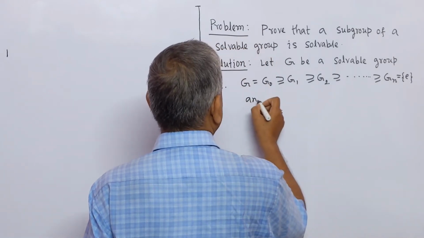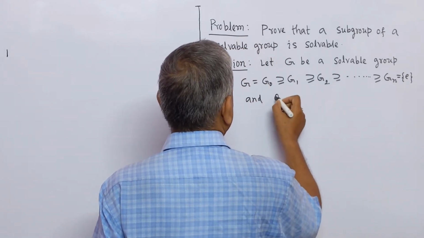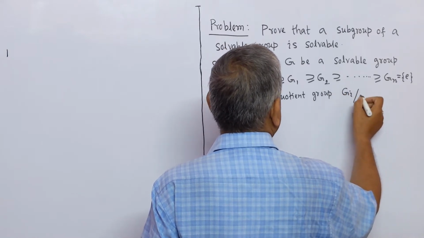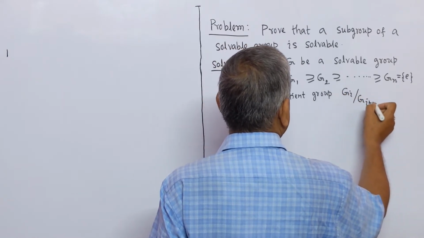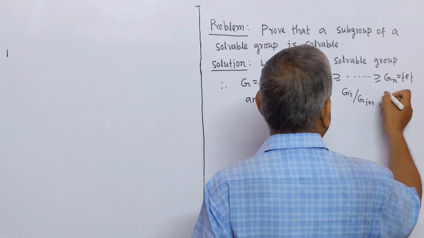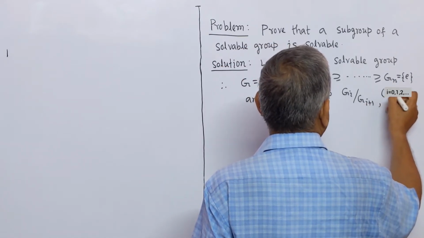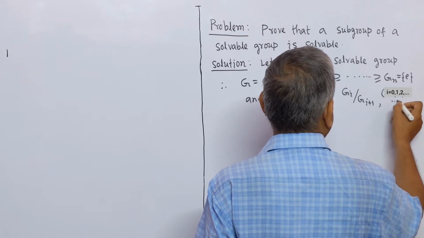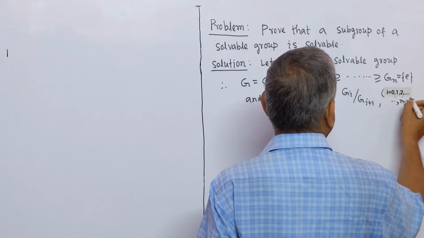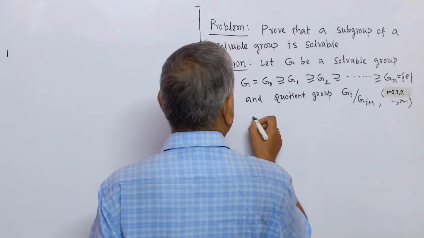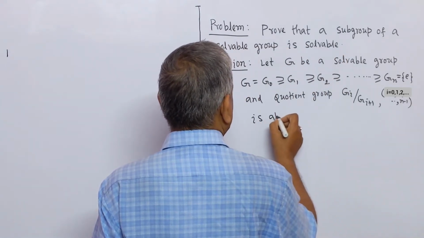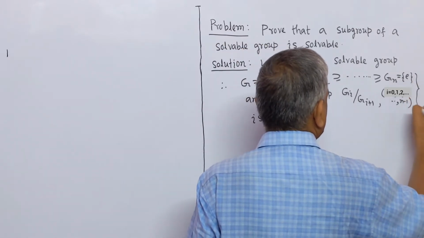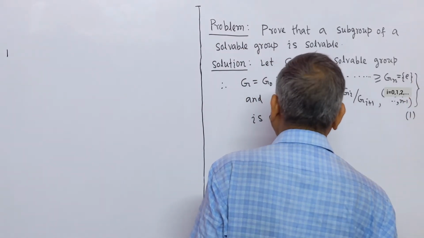and the quotient group Gi by Gi plus 1, for i equal to 0, 1, 2, up to n minus 1, is abelian. Let this be number 1.